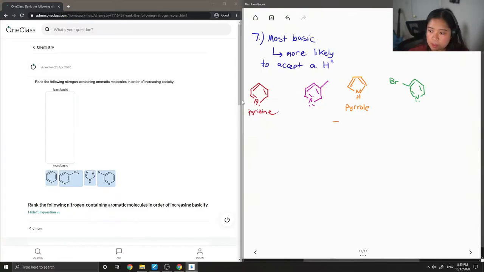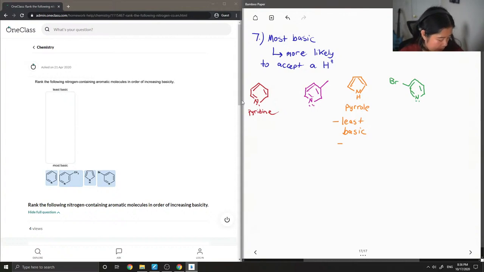Basically your pyrrole molecule is the least basic. The reason for that is if this accepted another hydrogen, it's going to disrupt the conjugation of the ring, and it's actually going to be less stable than how it is right now.